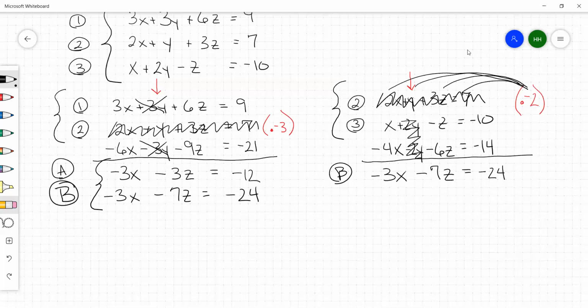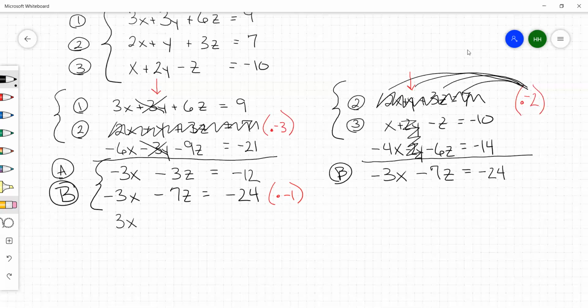So now I'm going to take this bottom equation and multiply it by negative 1 so that I have opposite values in front of the x. All right? So I'm taking the bottom one and I'm going times negative 1. So my negative 3x times negative 1 is 3x.